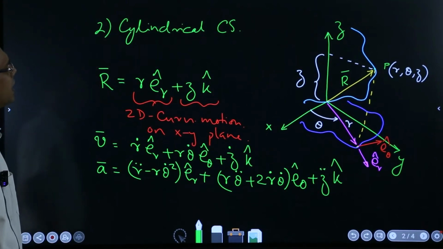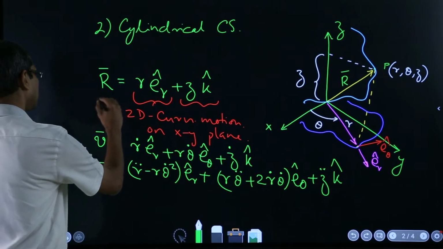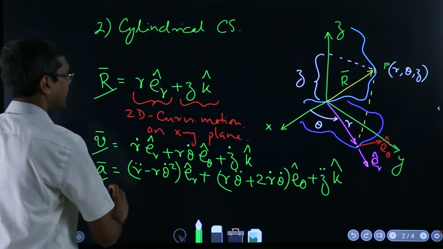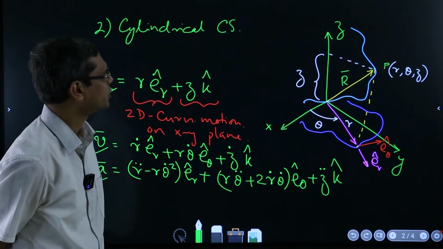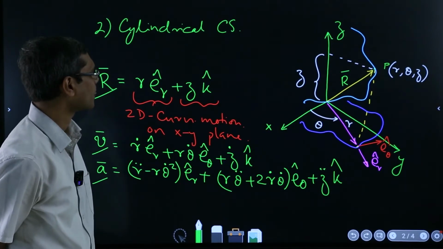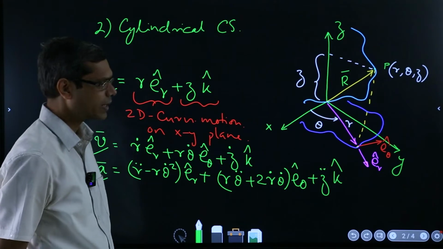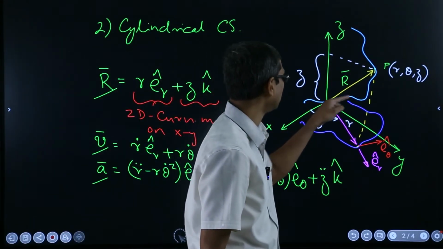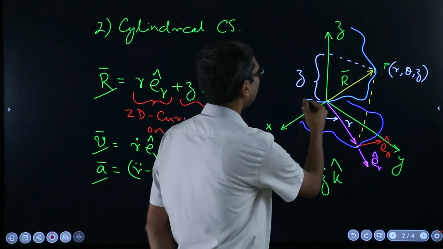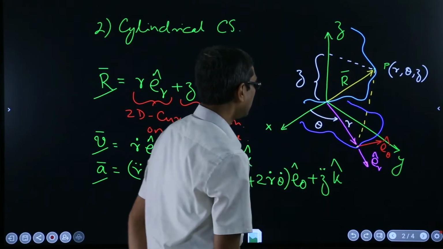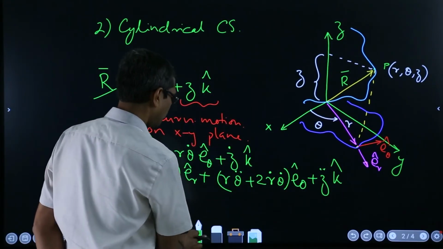So these are the position vector, velocity vector, and acceleration vector which you should use if you are using cylindrical coordinates to represent a motion in 3D. So this is a completely 3D path. Please try to see that.